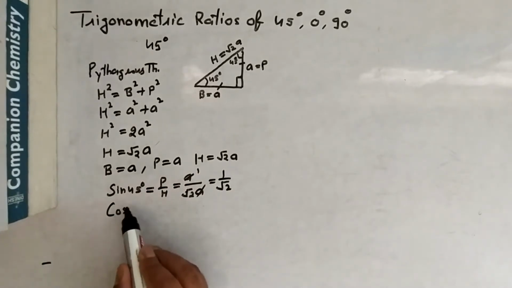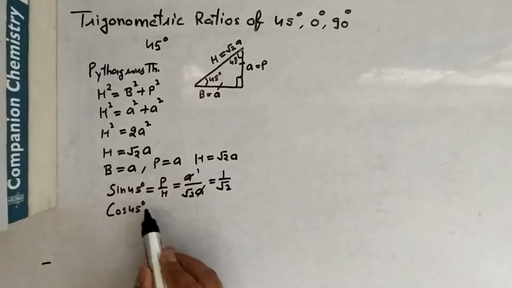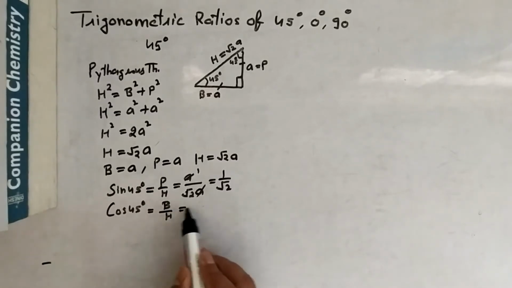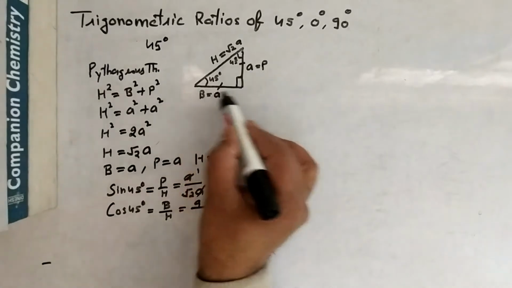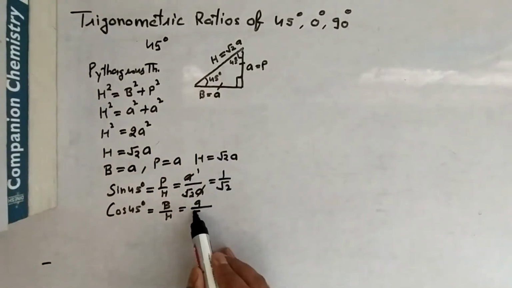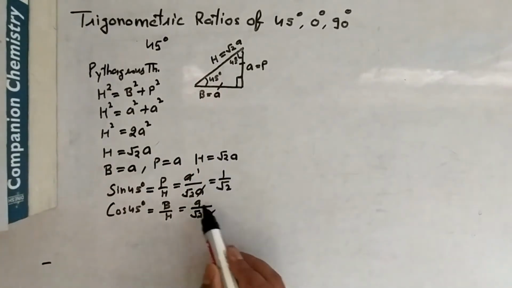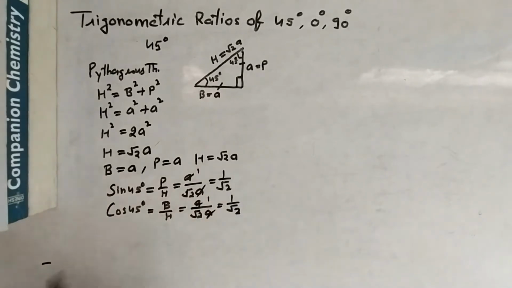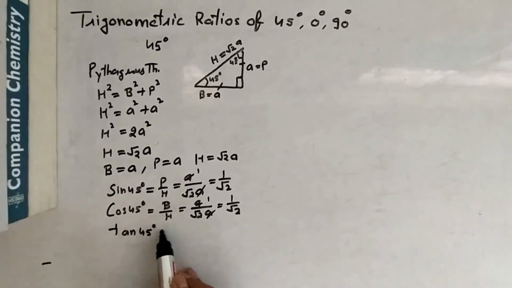Similarly, if you try to find cos 45, it comes out to be base upon hypotenuse. Base is a and hypotenuse is root 2 a. You cancel this, again you get the value 1 by root 2. Similarly, tan 45 is perpendicular over base.